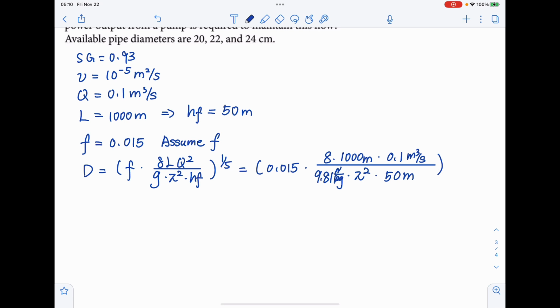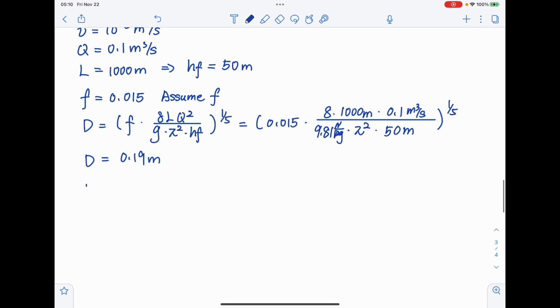Okay. To the power of 1/5, and this will give us a D equal to 0.19 meters.